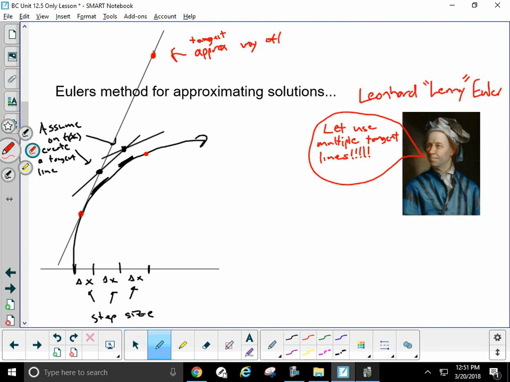Okay? Then, using this second tangent line, we produce this approximation, which is going to be closer than my original tangent approximation. We'll call this our approximation using Euler's method, Euler approximation.